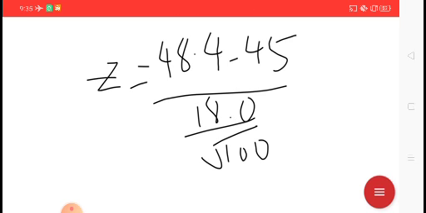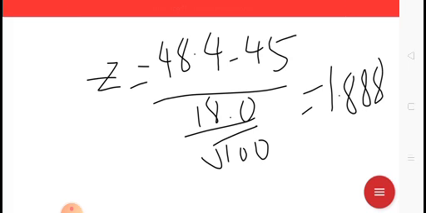Once you calculate, the Z value will be something like 1.8888. For the 5% significance level, you know that since your question is equal or not equal, it is a two-tailed test. Two-tailed test means each tail will be 2.5%.